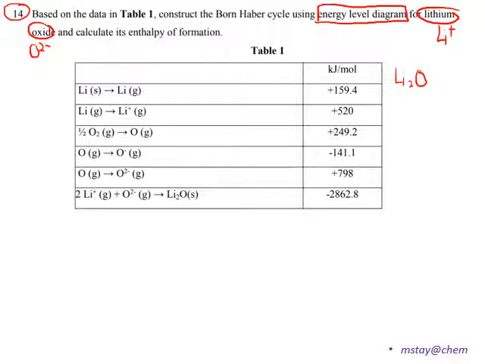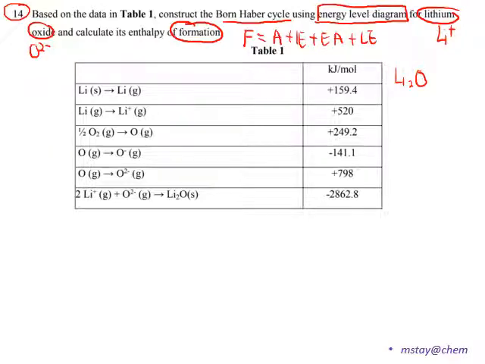And then we need to calculate the enthalpy of the formation. So from here we think that it is possible because in the Born-Haber cycle we will have the formula formation equal to atomization, ionization energy, electron affinity, and also lattice energy. Okay, so question 13 and question 14 are a bit different.